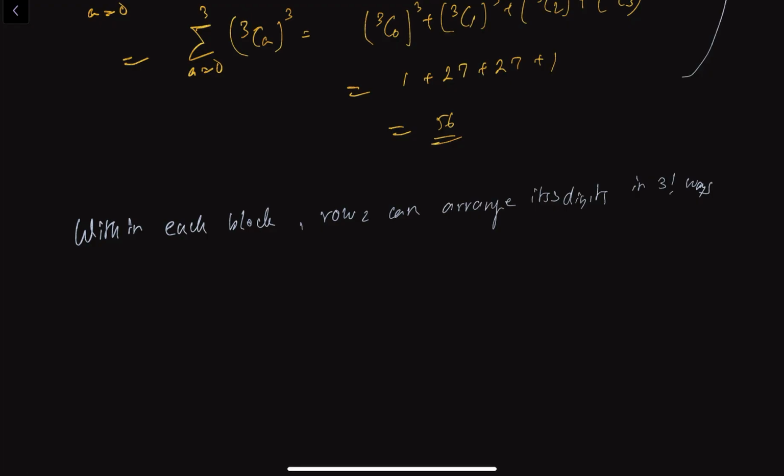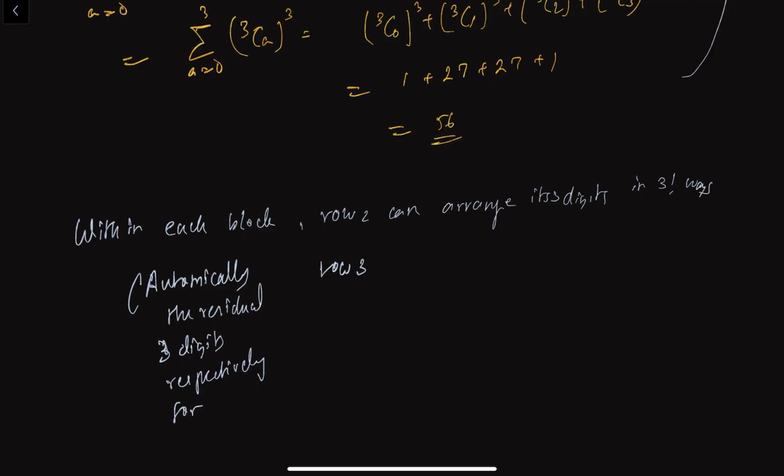So row 3 automatically gets the residual 3 digits, respectively for the 3 blocks, left over. So for row 3 also we can arrange its digits in 3 factorial ways.